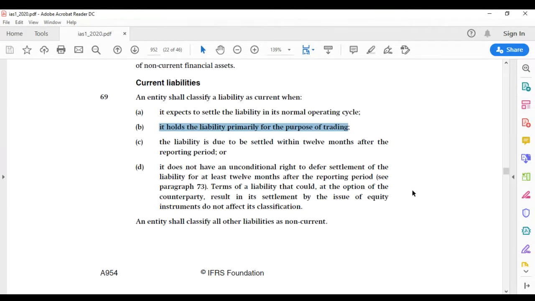So a debenture is still a liability, but you can trade in that. So if your main purpose is not to hold that liability in order to generate interest income from it, but rather to make a profit from the buying and selling of those debentures or bonds for that matter, any kind of liability or debt instrument, then it is seen as a current liability.